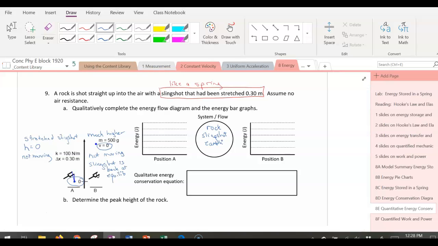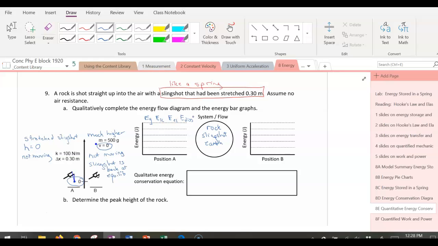Okay, at position A, I'm just going to set myself up to think about how the energy is stored initially. There are only a few types of mechanical energies that we're considering: gravitational potential energy, kinetic energy, elastic potential energy, and dissipated energy.